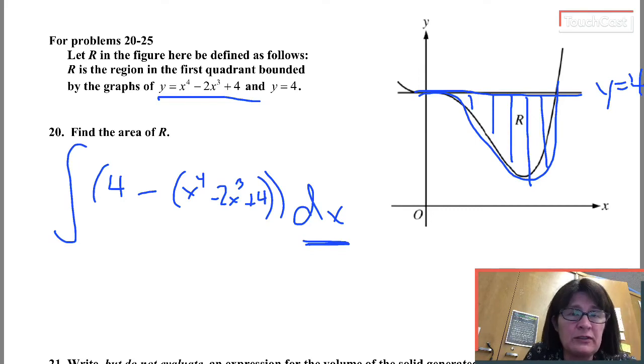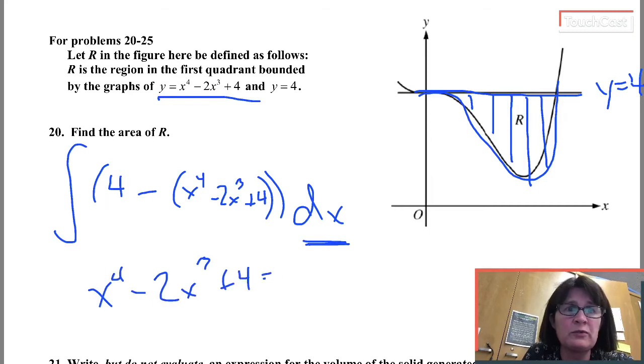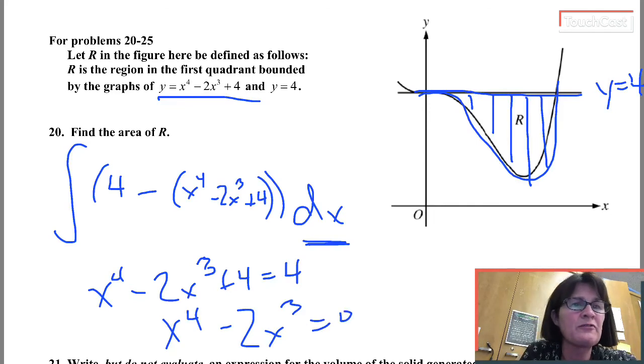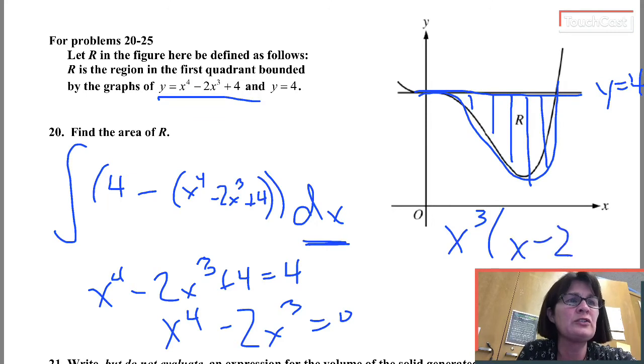You could set the 2 equations equal to each other. So x to the 4th minus 2x cubed plus 4 equals 4. I'm going to subtract 4 from each side. So x to the 4th minus 2x cubed equals 0. I'm going to factor out x cubed times x minus 2 equals 0.